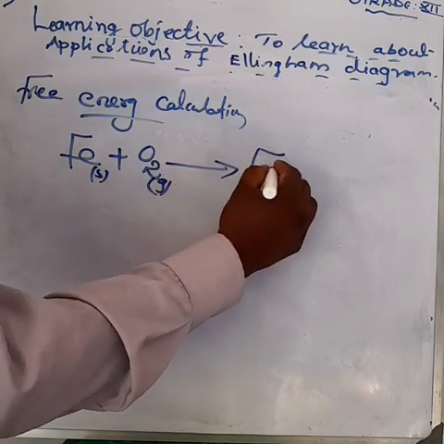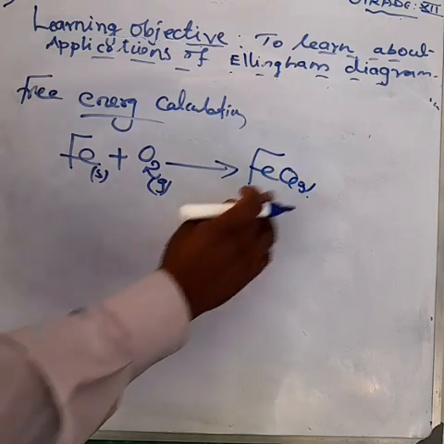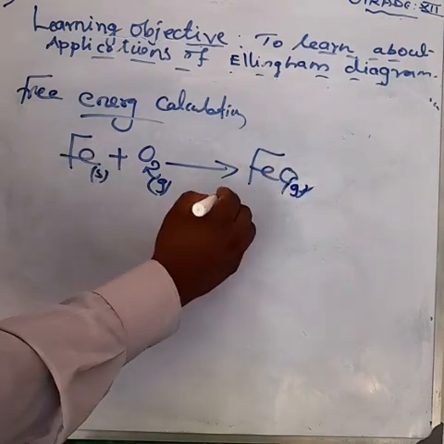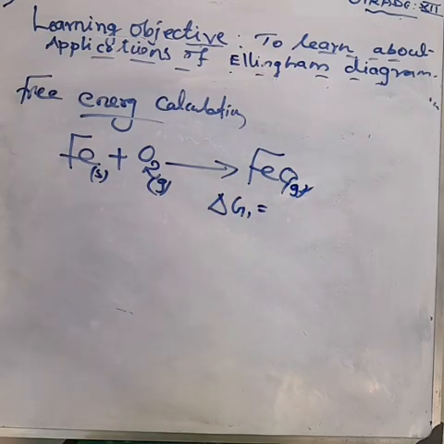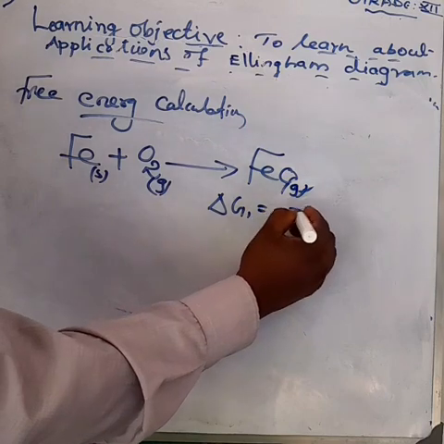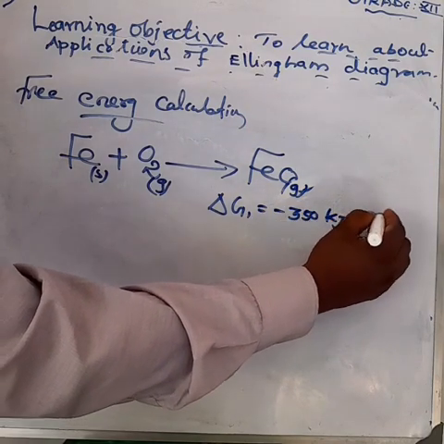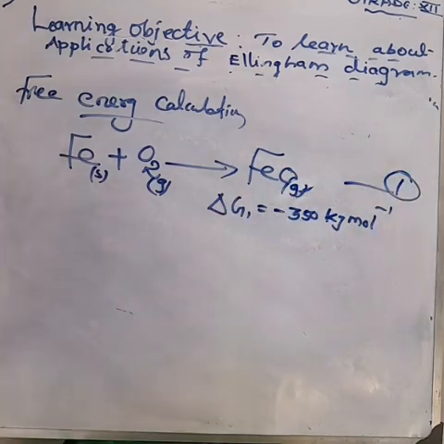We have to balance the equation. For the first equation we are given the delta G1 value, about minus 350 kilojoules per mole. That's the first equation, the delta G0 value for the conversion of iron into iron oxide.